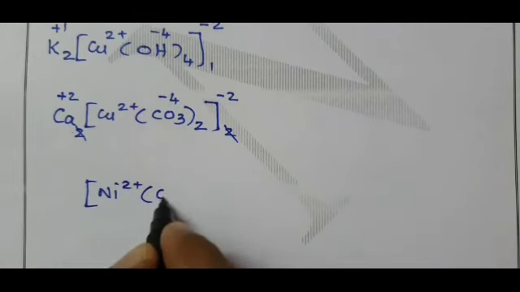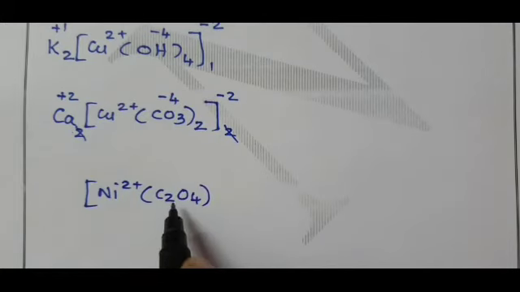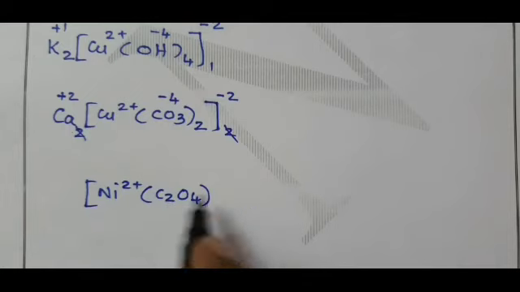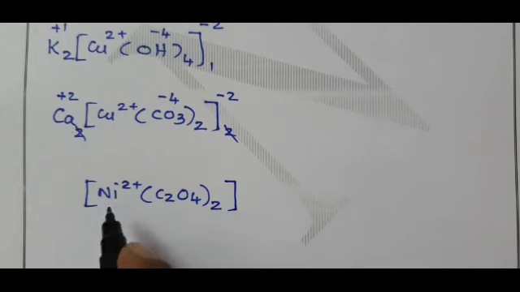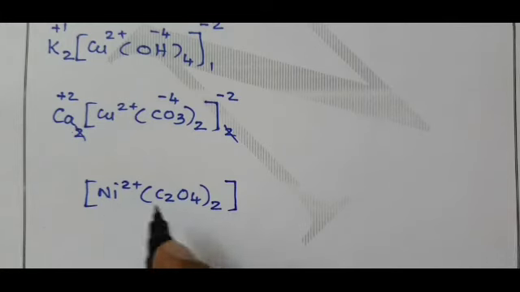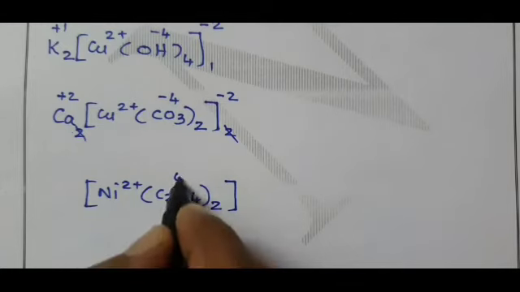Here I am using oxalato, C2O4. Oxalato is a bidentate negative ligand. One oxalato forms 2 bonds, therefore 2 oxalato form 4 bonds because nickel coordination number is 4 here. 1 oxalato 2 minus, 2 oxalato 4 minus.